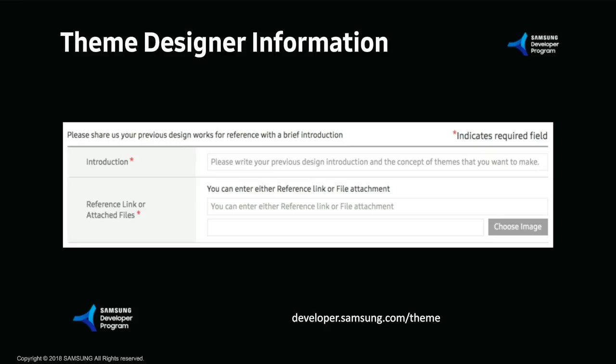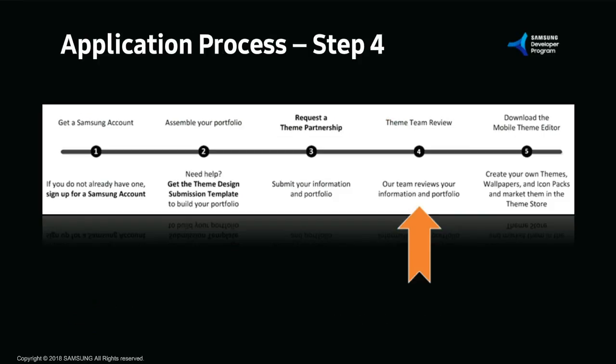Step 4 is the theme application review process. This process may take up to 4 weeks. If by the 4th week you haven't heard from us, please send us an email at support@samsungdevelopers.com, and we will get back to you as soon as possible.